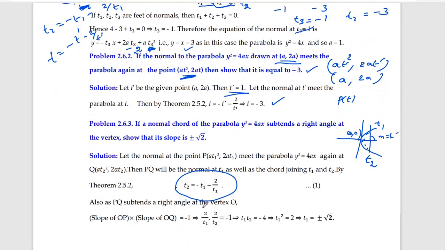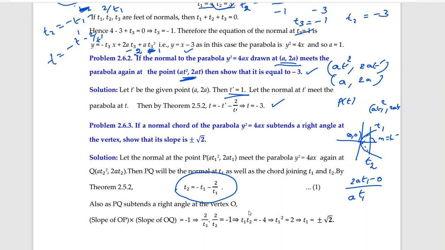Now PQ subtends a right angle at the vertex. So we know that the slope of OP, where P is at1 square, 2at1 and O is 0, 0, is the difference between y coordinates divided by the difference between x coordinates. We can cancel one a, we can cancel one t1, so we are left with 2 by t1.